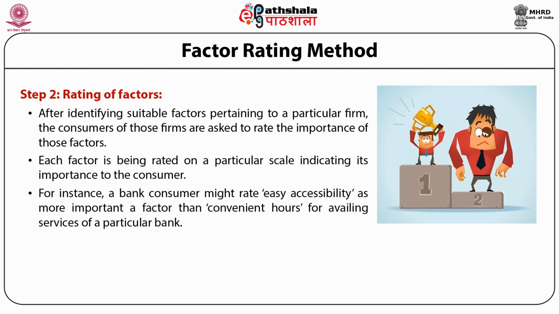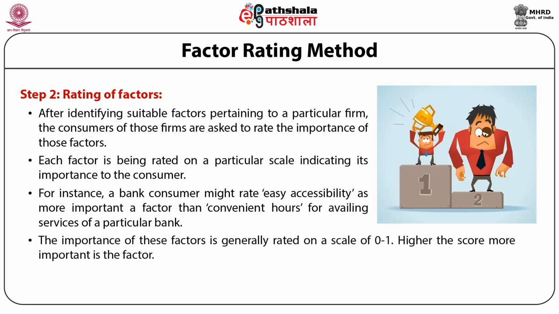For instance, a bank consumer might be asked to rate the importance of easy accessibility and convenient hours for availing services of a particular bank. Similarly, other factors are also rated. The importance of these factors is generally rated on a scale of 0 to 1. The higher the score, the more important the factor.